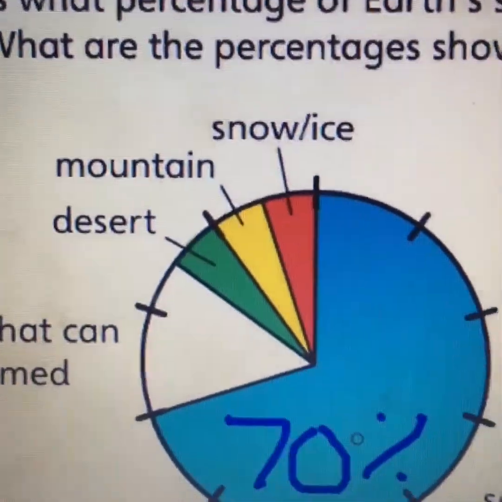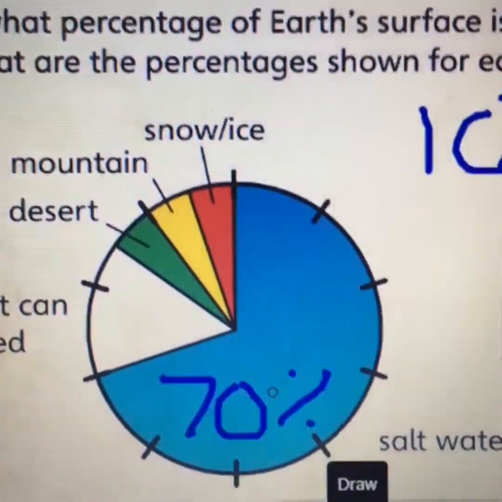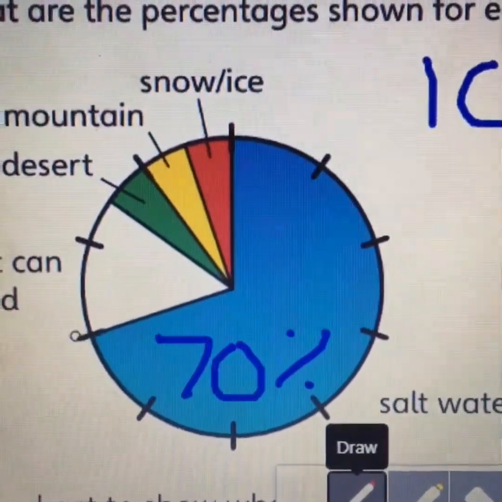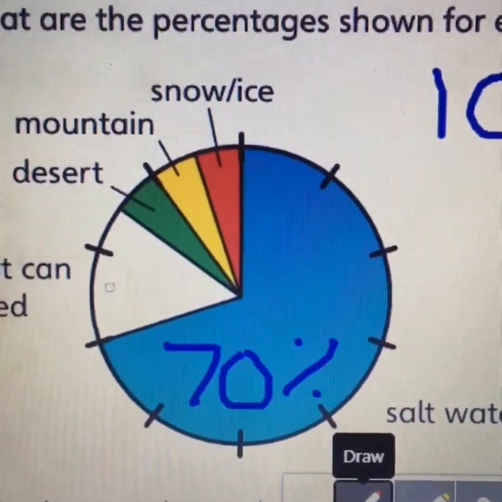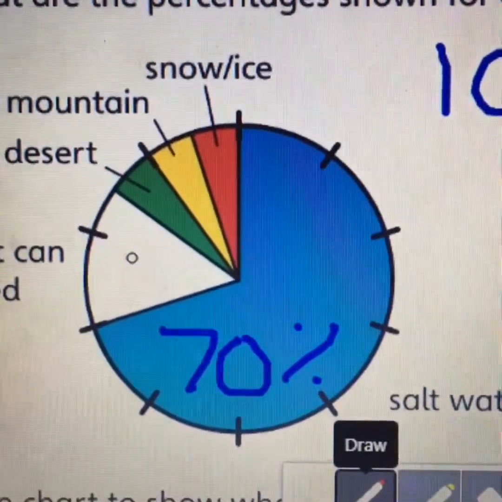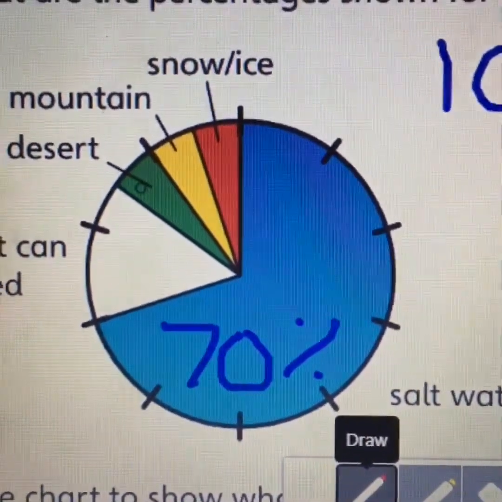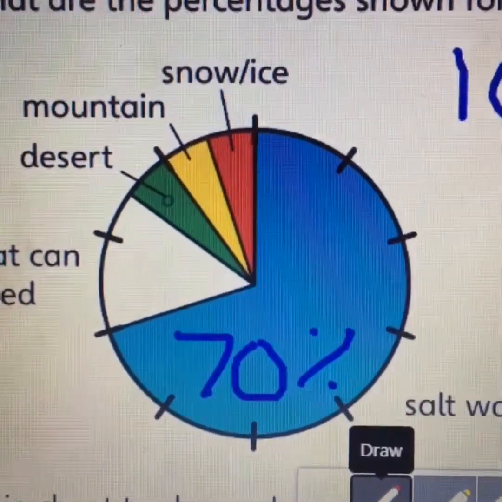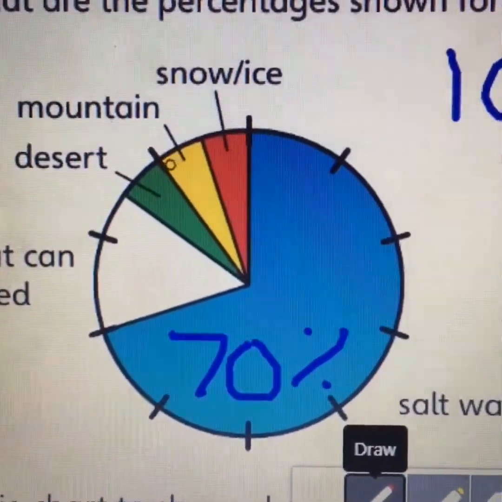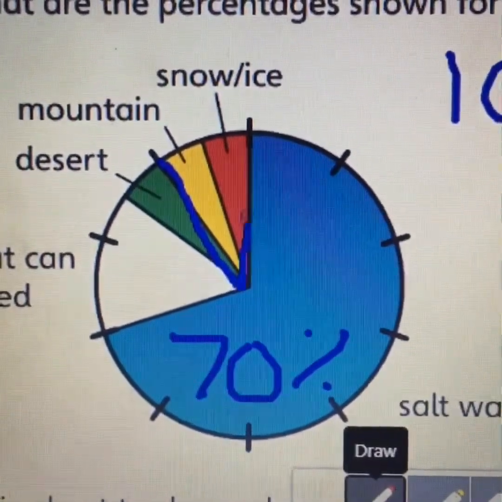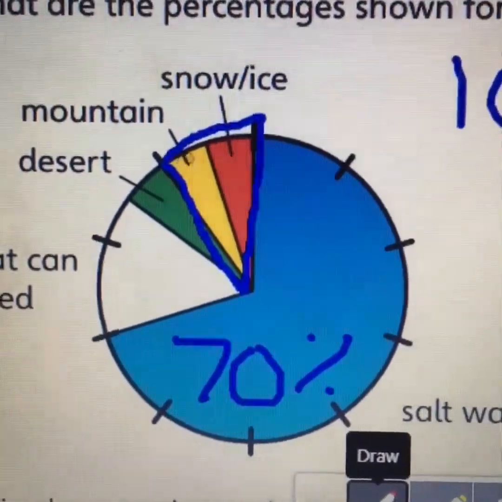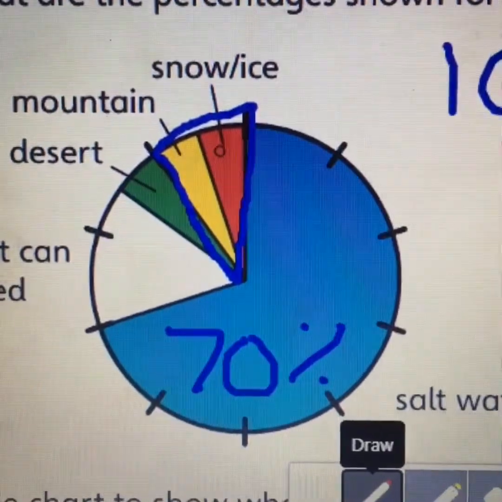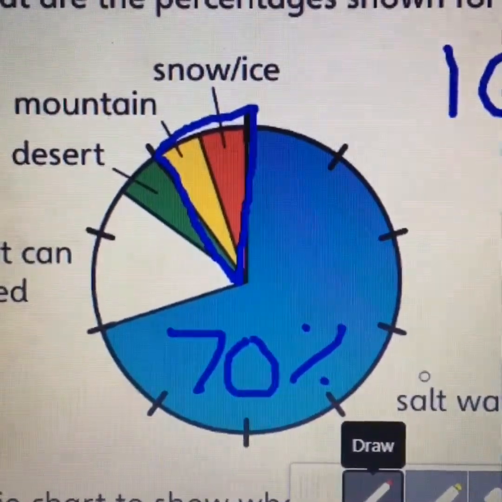Right, if I look at the rest though, none of the rest take up one whole segment. This one takes up 1 and a bit segments. Okay, let's see how we can work the rest out then. Well, I can actually see that mountain, desert and snow and ice are actually all the same. Those segments are equal. If I look at just mountain and snow and ice, I can see that together they make up one segment, and each segment was 10%.